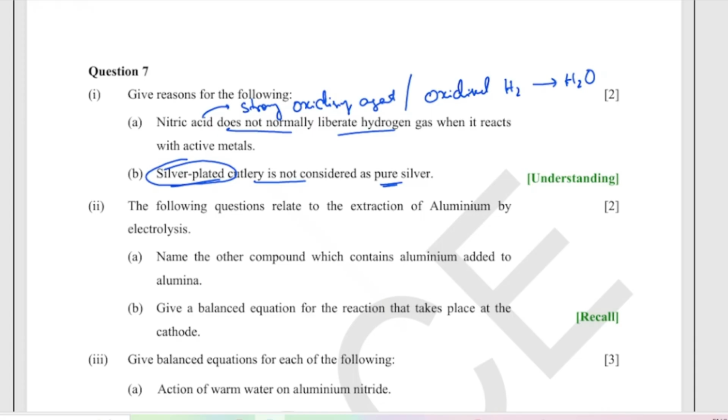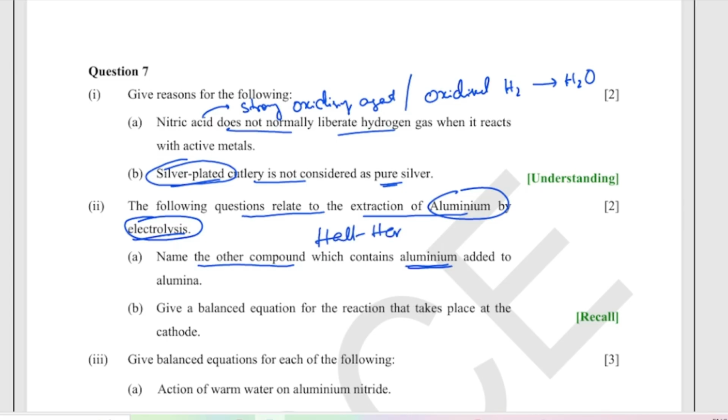So the entire cutlery is not made of pure silver. Right. Next one. The following questions relate to extraction of aluminum by electrolysis. Name the other compound which contains aluminum added to alumina. In the electrolysis by which aluminum is extracted, that is the Hall-Héroult process, other than alumina, we add cryolite and fluorspar.